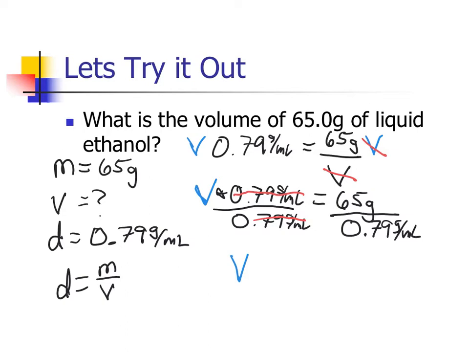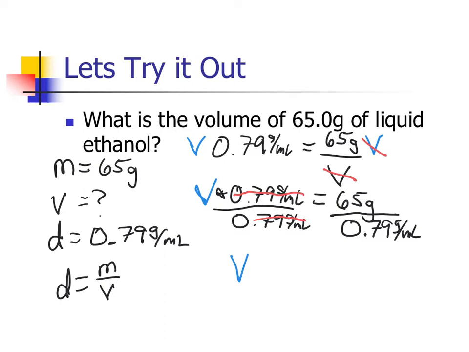And now I also need to evaluate my answer. Should my answer be bigger or smaller? It should be bigger because I'm dividing by a really small number, less than 1.